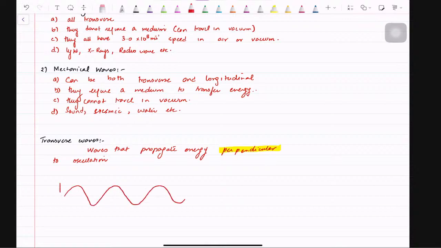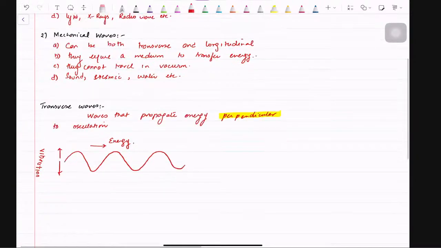So their oscillation or vibration is like this, up and down, and the energy transfer is like this. Okay.